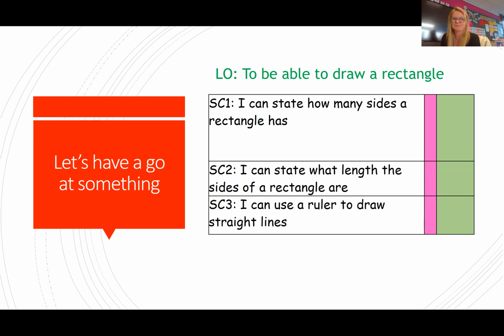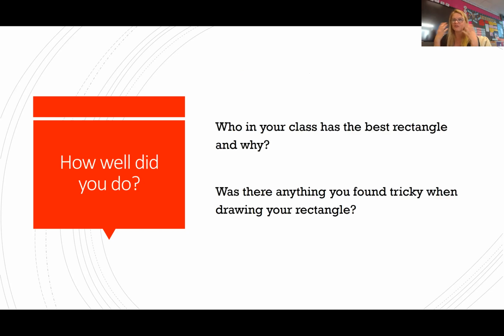Off you go. Did you do it? I hope so. Right, so let's think then about our rectangles. Have a look at yours now and let's evaluate our rectangles.